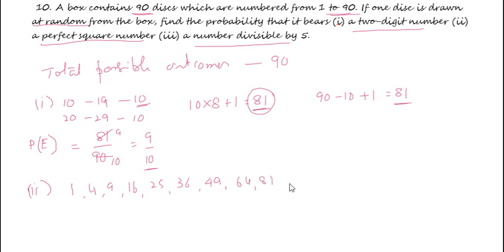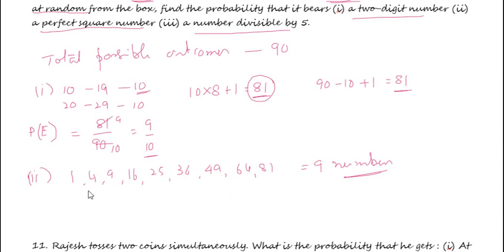So you have 9 numbers. This is the favorable outcome. So the probability of this event is favorable outcomes, that is 9, over total outcomes, that is 90. So the answer is 1 by 10.